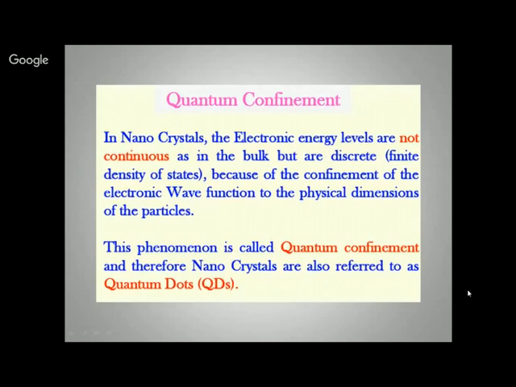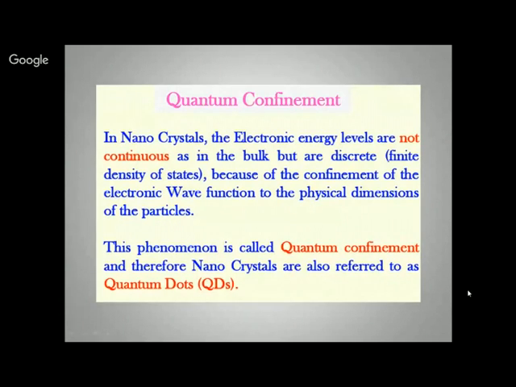All of these are electron microscope images. I will cover this topic later on, but the main area is nanotechnology. There is one very important phenomenon in nanotechnology known as quantum confinement.